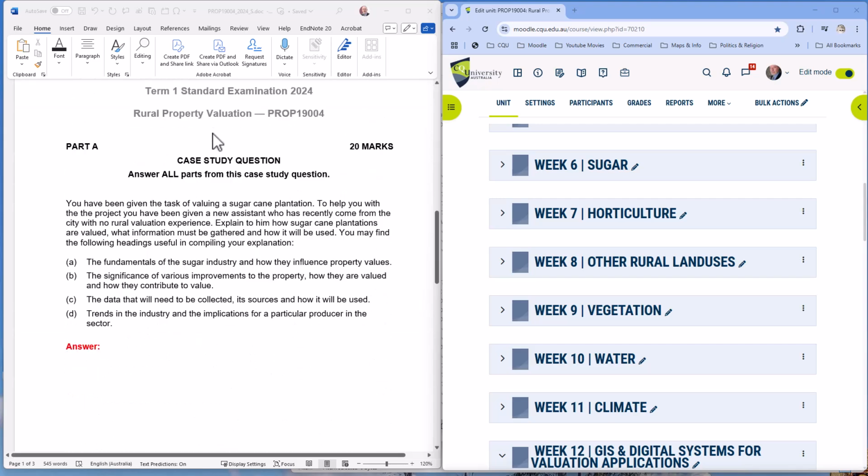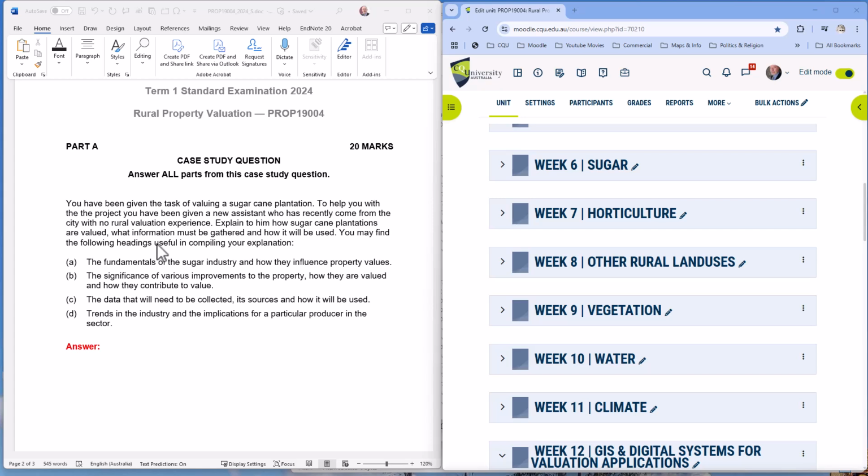When we look at Part A, what we're looking at is a case study question which is looking very closely at a particular rural land use. We mentioned sugarcane earlier, and what we're doing is giving you a case study scenario where you're considering what you would have to tell some new assistant in terms of what's involved.